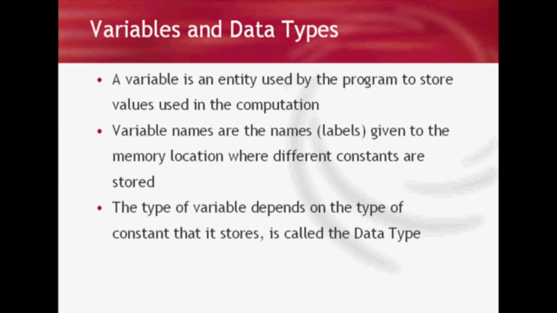The location can contain character, integer, float, or any such constants. The type of variable depends on the type of constant that it stores. For example, an integer variable stores an integer constant. A character variable stores a character constant, and so on.